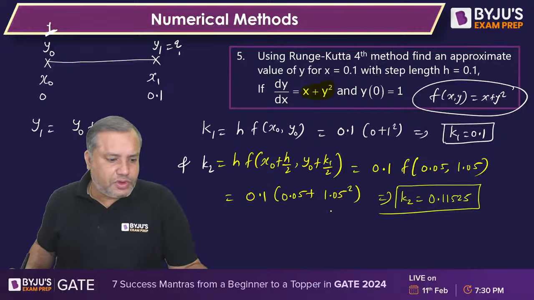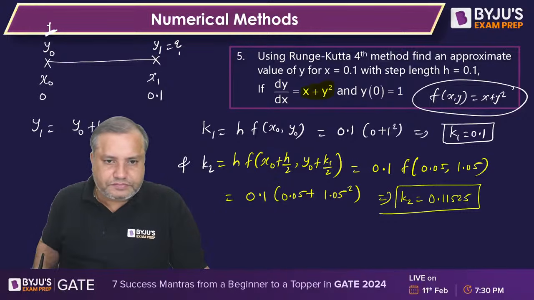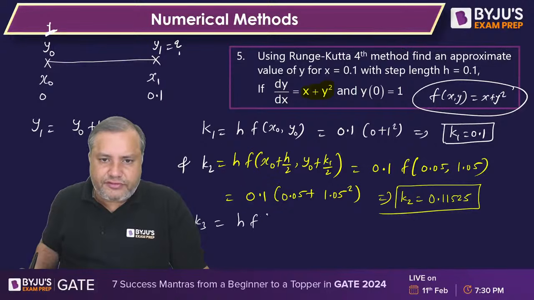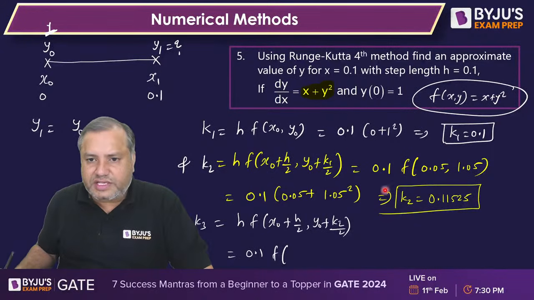This is k2. After getting the value of k2, I'll go for k3. K3 is h f of x naught plus h by 2, y naught plus k2 by 2. So h is 0.1. X naught plus h by 2 is already obtained here as 0.05.